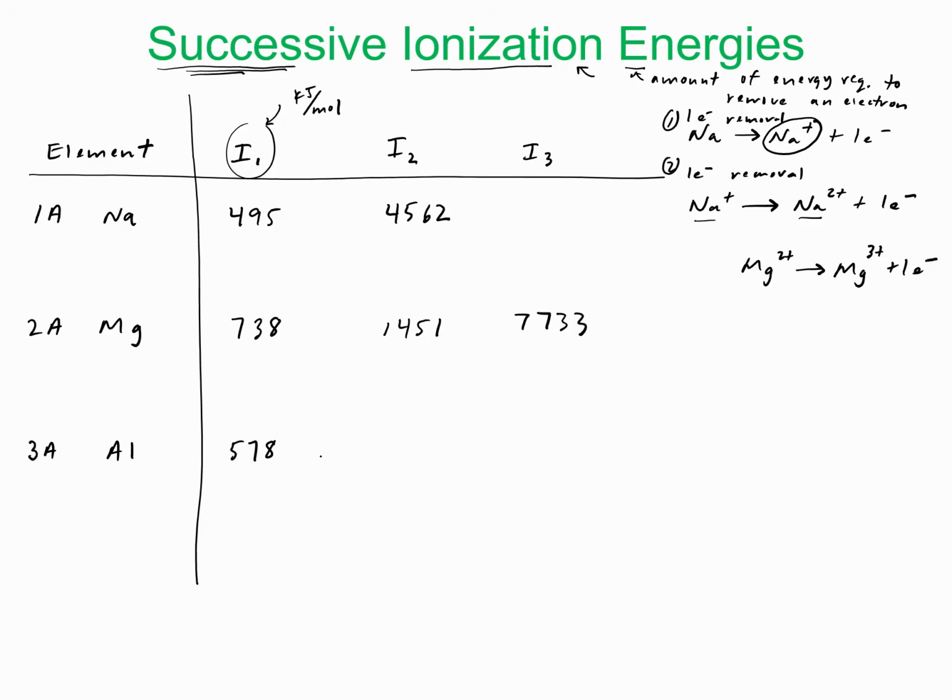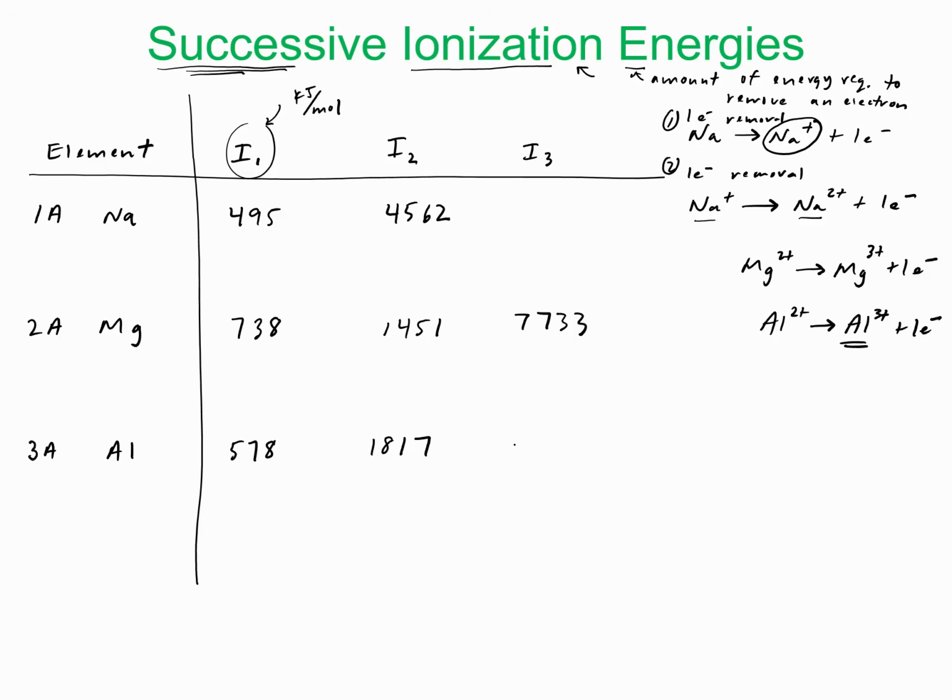Now let's take a look at aluminum. We have 578. To get the next electron off, it's 1,817. To get the third electron off of aluminum, so to go from Al2 plus, notice this doesn't look too weird. This is actually what it normally does.